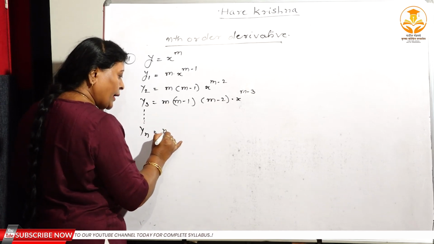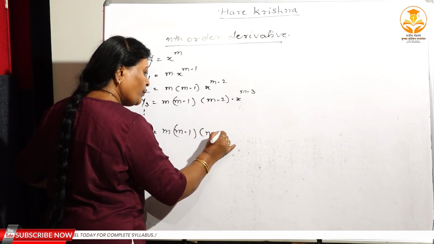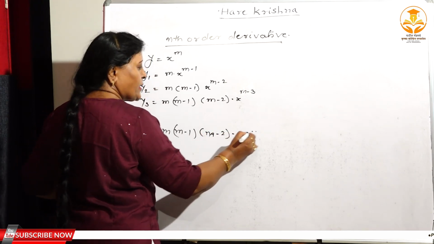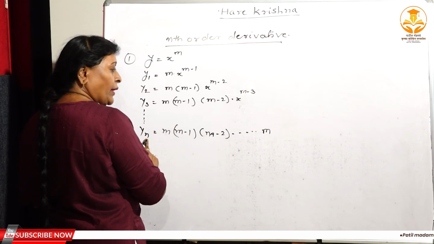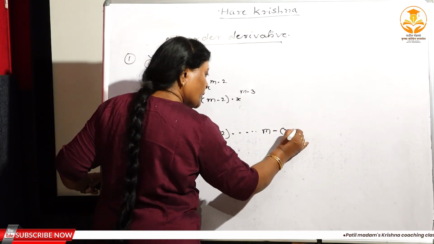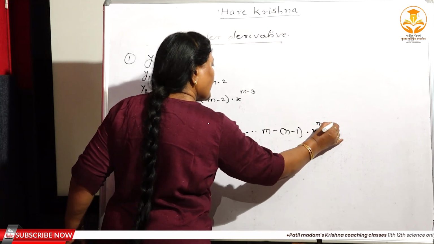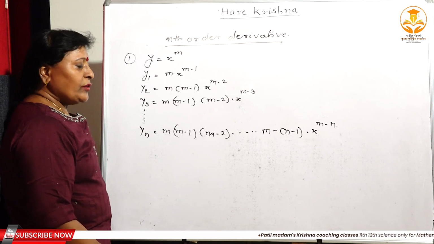But here you can write m into m minus 1, m minus 2, and so on, one term less, that is m minus n minus 1 you have to write, and into x to the power m minus n. This is the nth order derivative.